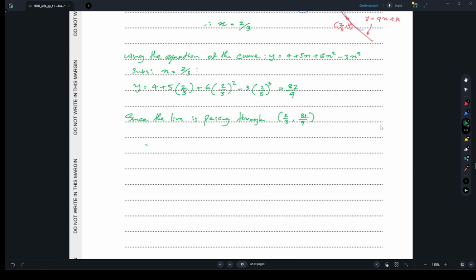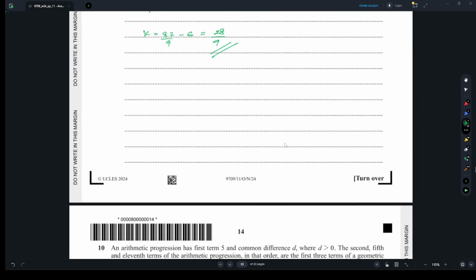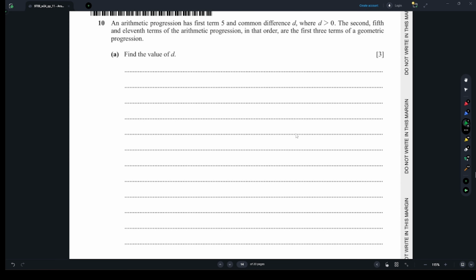So y coordinate is 82 over 9 equals 9 times x coordinate 2 over 3 plus k. So from this you can find k equals 82 over 9 minus 6. So it will be 28 over 9. Okay, it's done. So now we are reaching the final part.